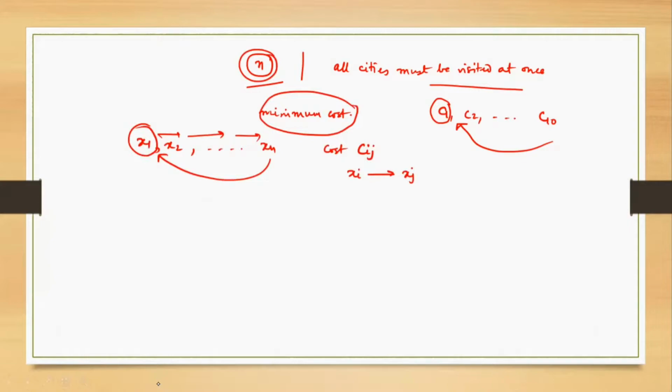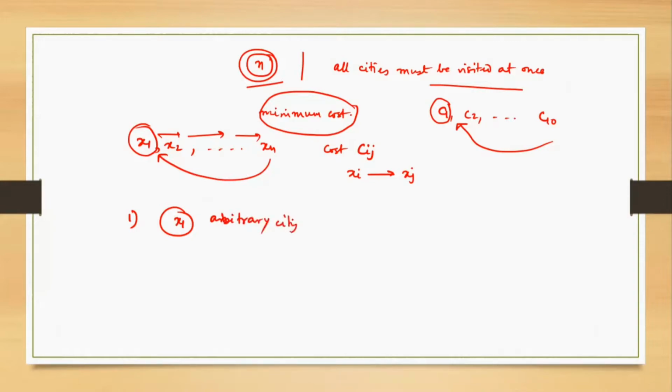The greedy strategy suggests: start with any arbitrary city, say x1. This is the first point.